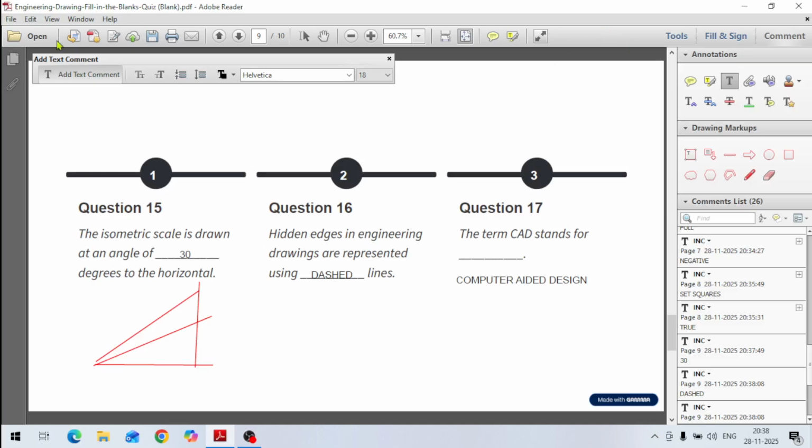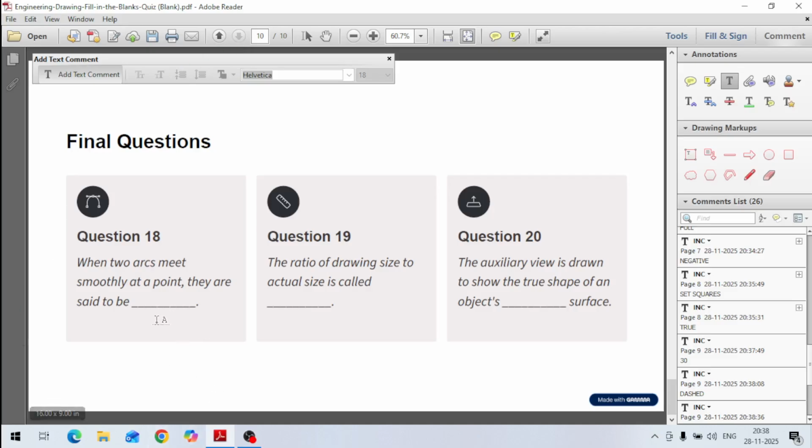Then next question is, when two arcs meet smoothly at a point, they are said to be tangent.